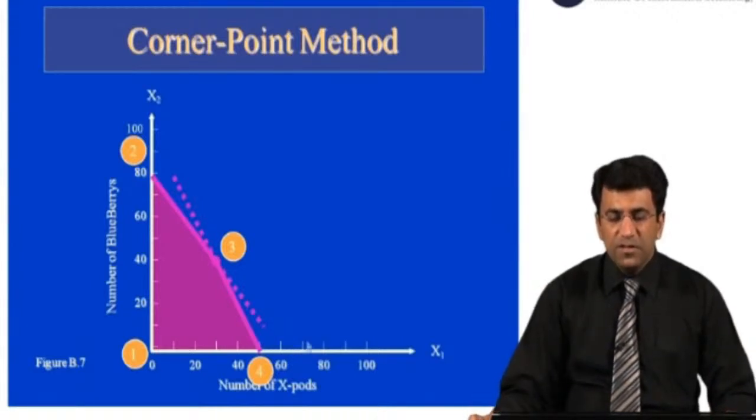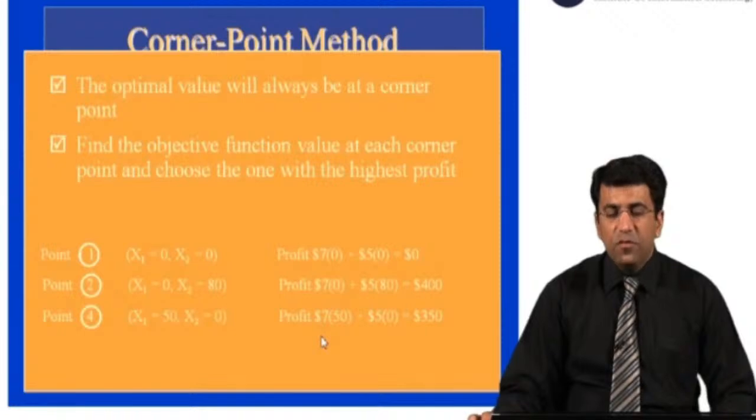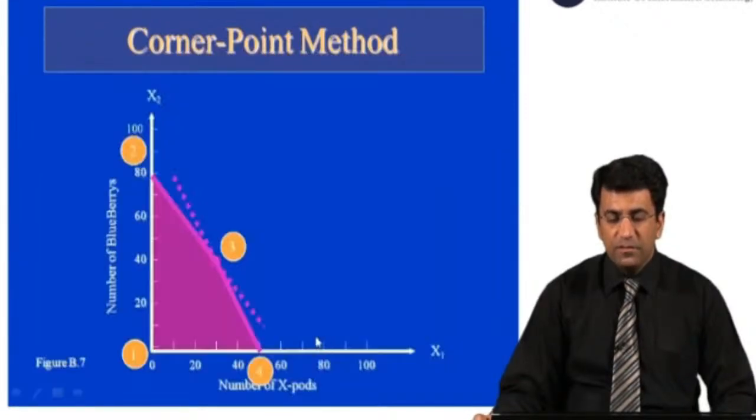So here in this particular case, there are 4 corner points. That is 1, where x is equal to 0, y is equal to 0; 2, where the corresponding value of x is equal to 0 and the value of y is 80, that is the point (0, 80). The third one is represented by 4 here. This will be equal to (50, 0), because the x-axis value is 50 and the y-axis value is 0.